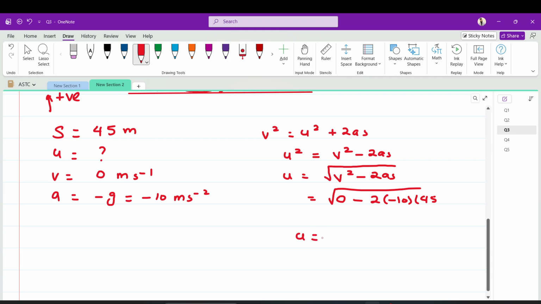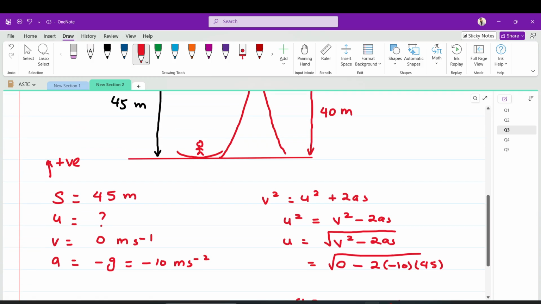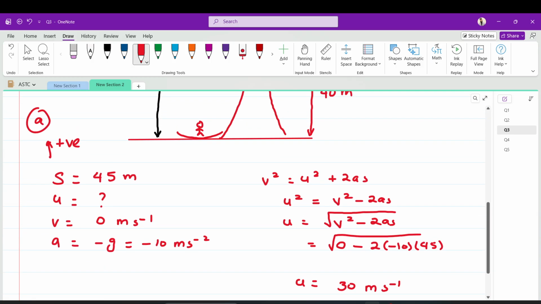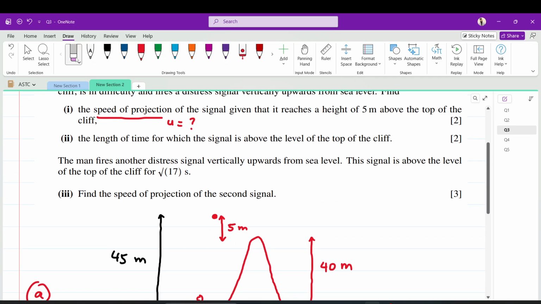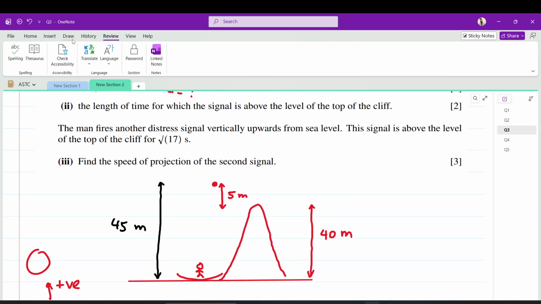So u is equal to, all right, so u will be 30 meters per second. All right, so that was part A, or rather part 1 actually.